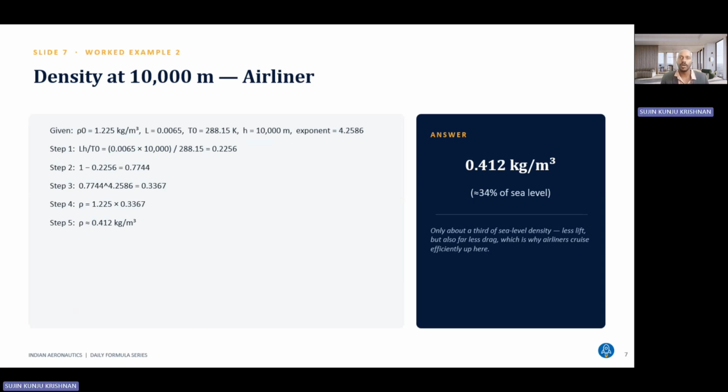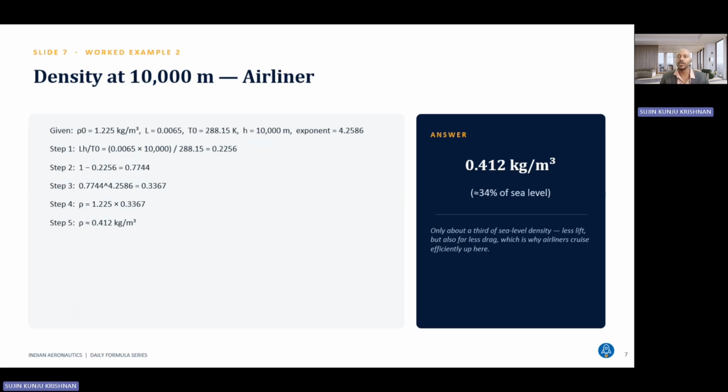Three mistakes to avoid. First, don't confuse the density exponent with the pressure exponent. Pressure uses G over RL, density uses G over RL minus 1. Mixing them up is the single most common error on this formula. Second, you can reuse your day two bracket calculation, 1 minus LH over T0, since it's identical for both pressure and density at the same altitude.